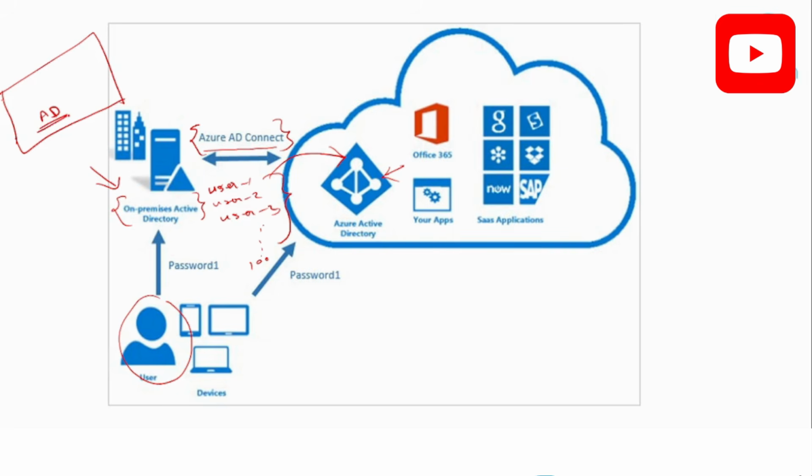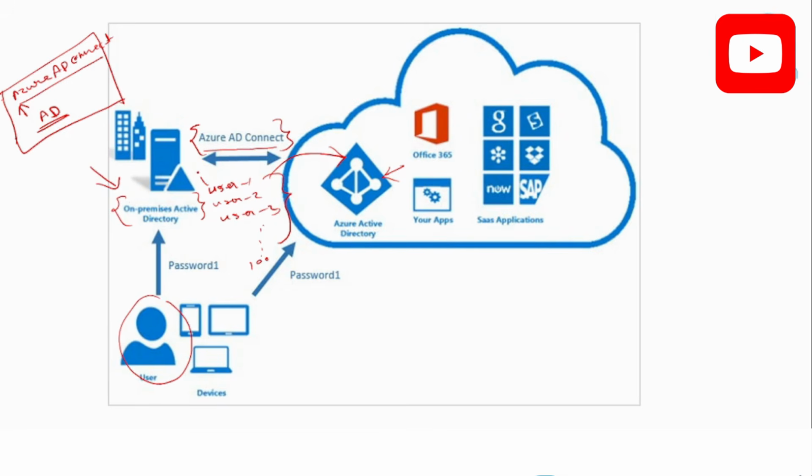So first we need to install the Azure AD connector on the Windows Server machine. After installation, we need to configure Azure AD. So through what do we configure it?